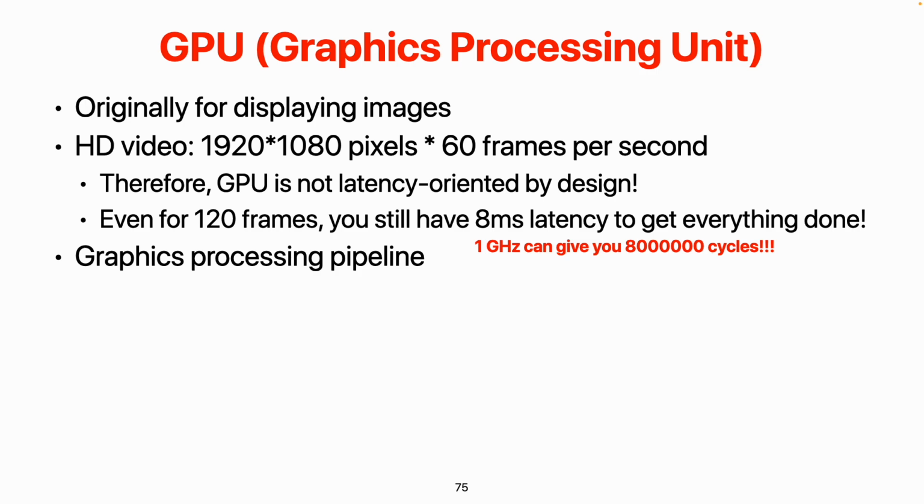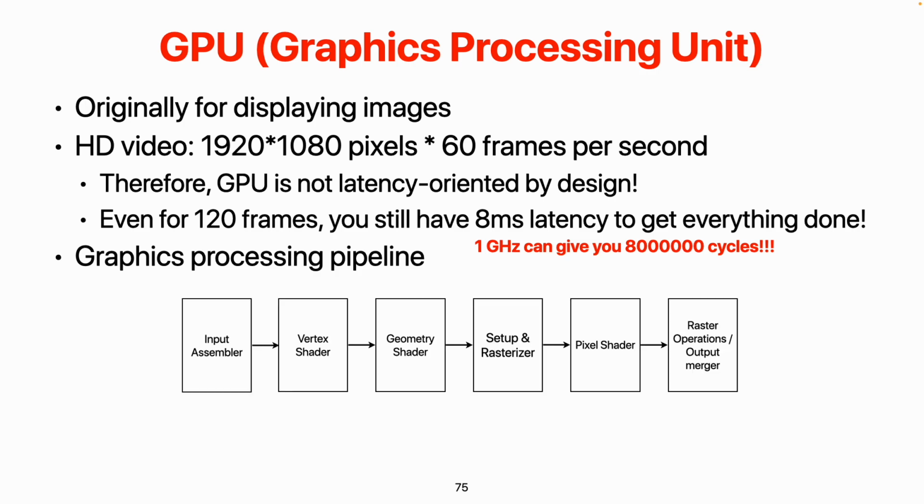If you deliver it after, it doesn't make sense. If you deliver it earlier, it doesn't make sense either. So we just need the processor at the right speed to deliver that performance. Even if you say we are now in the era of 4K, you divide it by 4, and you still have a lot of cycles.